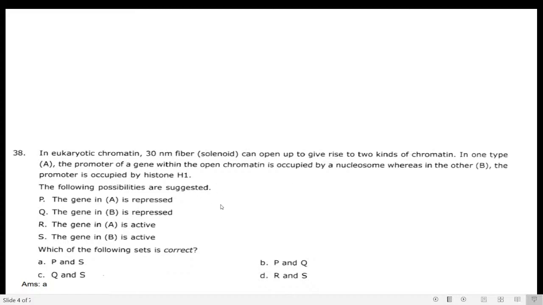In type A, the promoter of a gene within open chromatin is occupied by the nucleosome. In the other, type B, the promoter is occupied by histone H1. Okay, this is a statement.